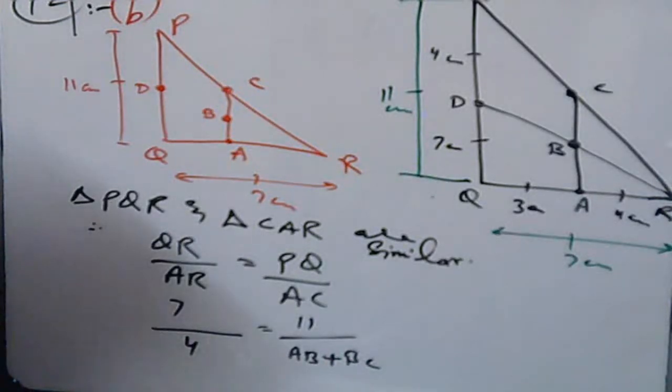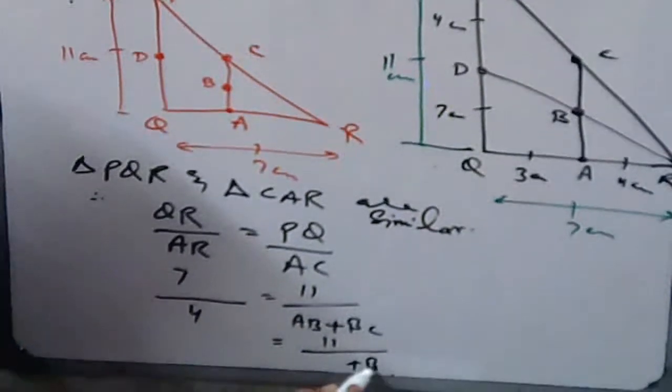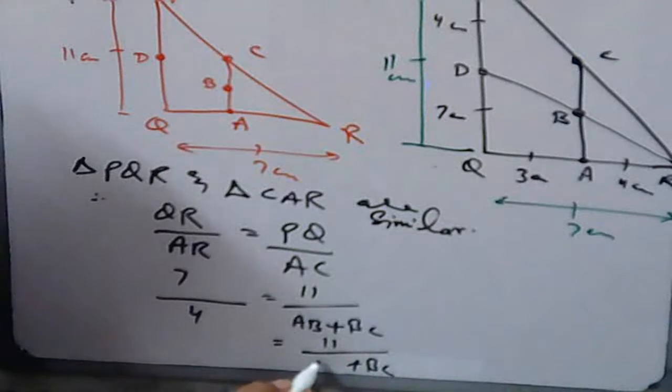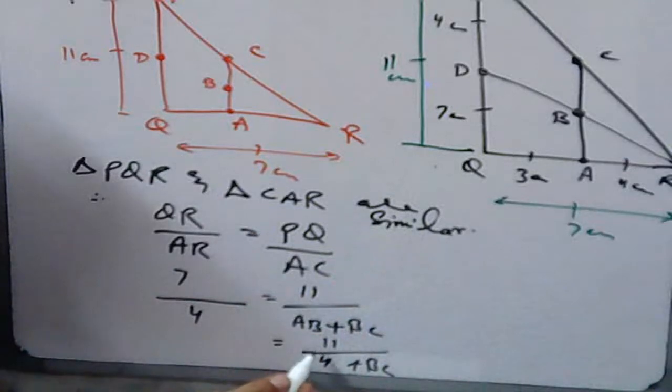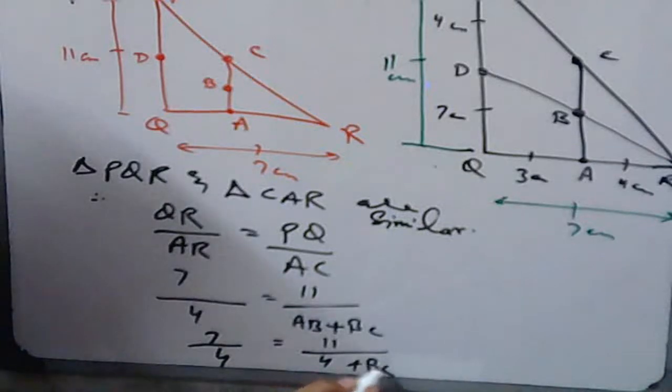So the value of QR is 7 and AR is 4. In the next step, because we have to find the value of BC, what is the value of AB? We have calculated in portion number 1, that is 4 AB. So here 7 by 4.